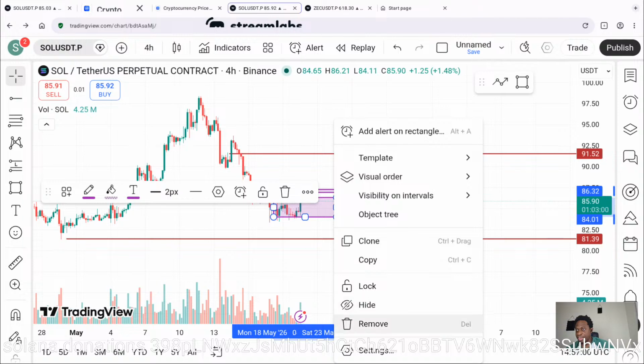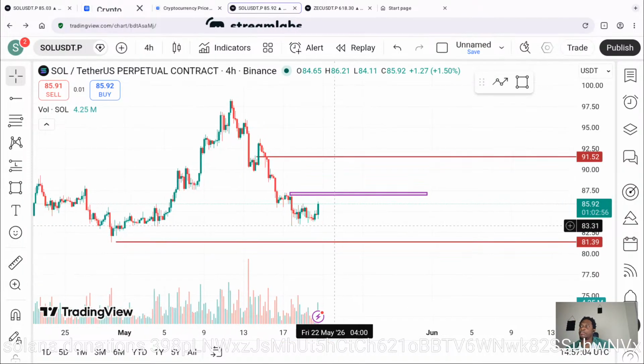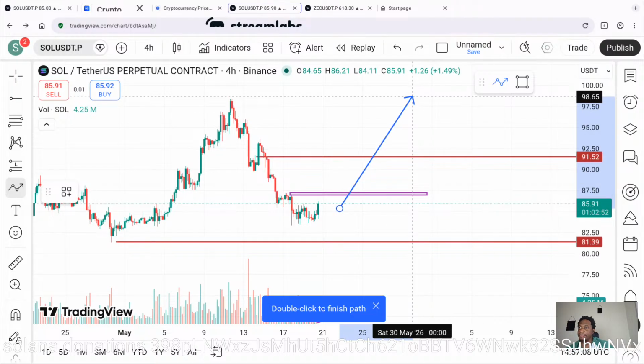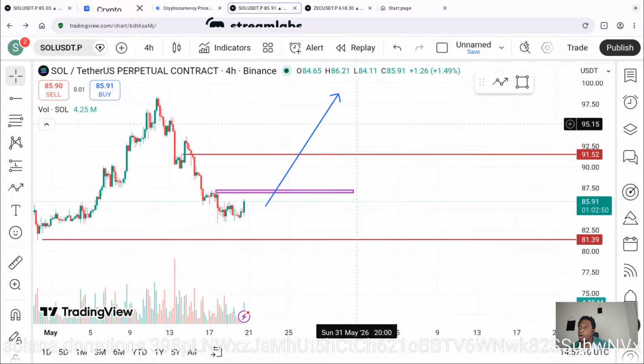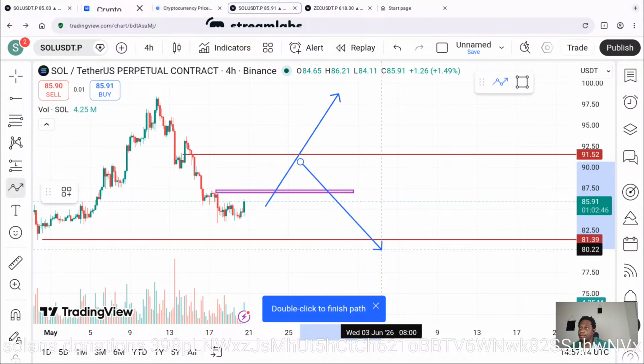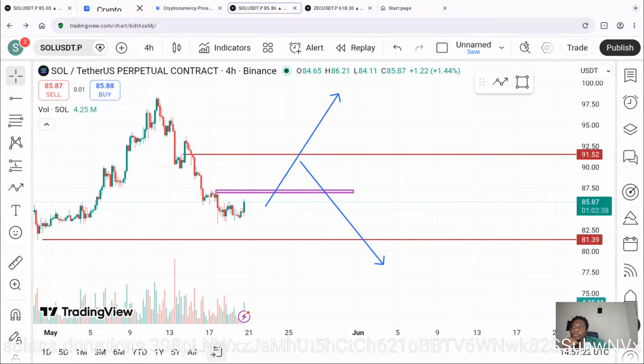Nothing at all has changed. You need some characteristics to change so you can take the market this way, or you can take the market this way. But from where you are, nothing's happened.